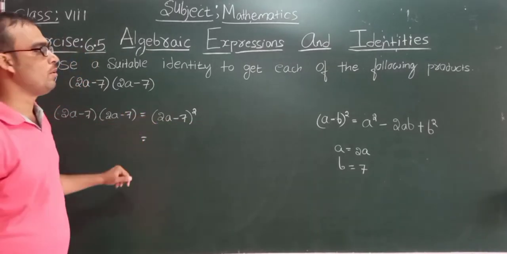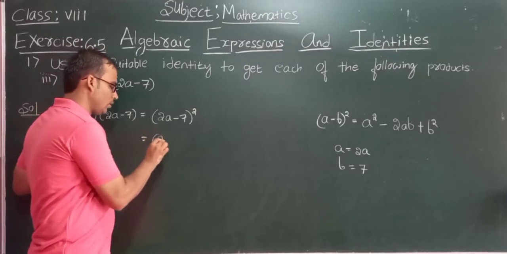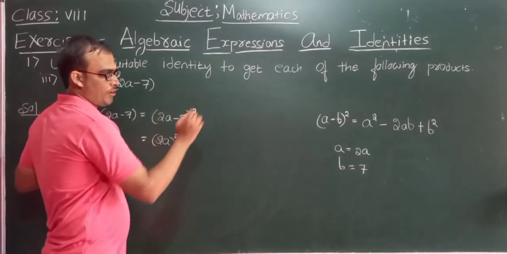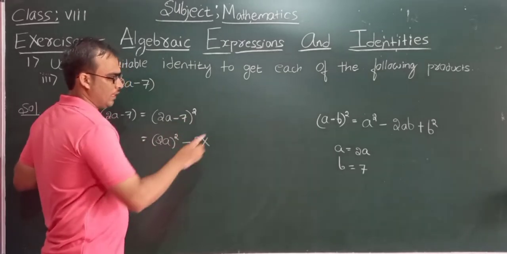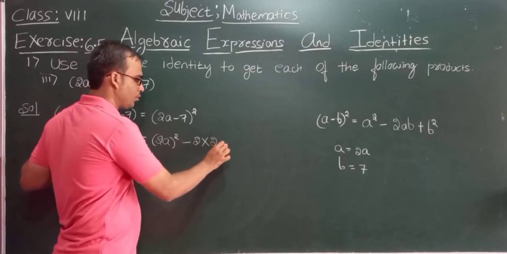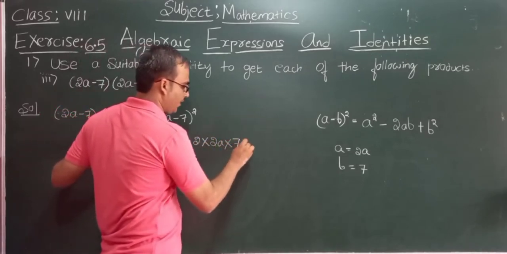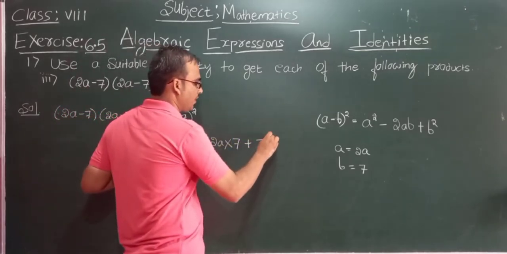Okay. Now, according to the formula, a square, a means what? 2a, that is 2a square. Next, according to the formula, minus 2 into a, what is a? 2a, into b, what is b? 7, plus b square, that is 7 square.